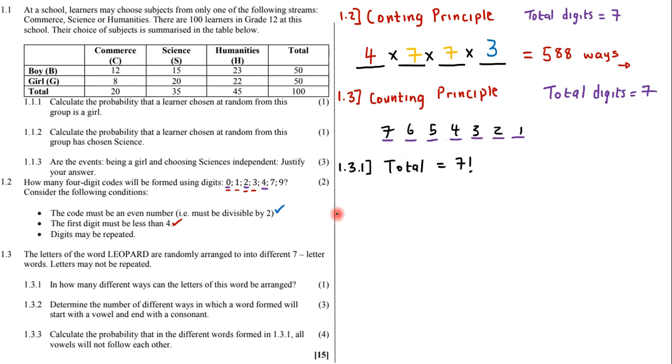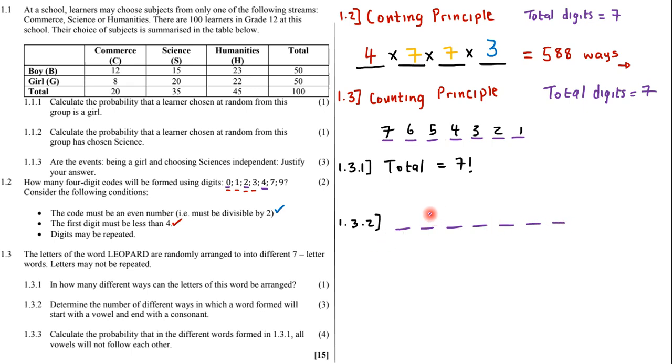Okay, now let's move on to the second question, 1.3.2. It says determine the number of different ways in which a word formed will start with a vowel and end with a consonant. So let's open up our 7-letter space again: 1, 2, 3, 4, 5, 6, 7.